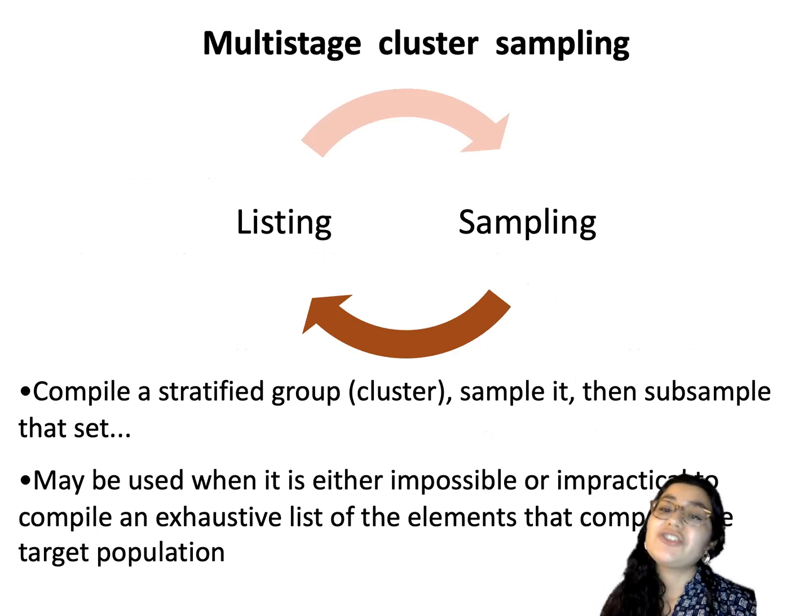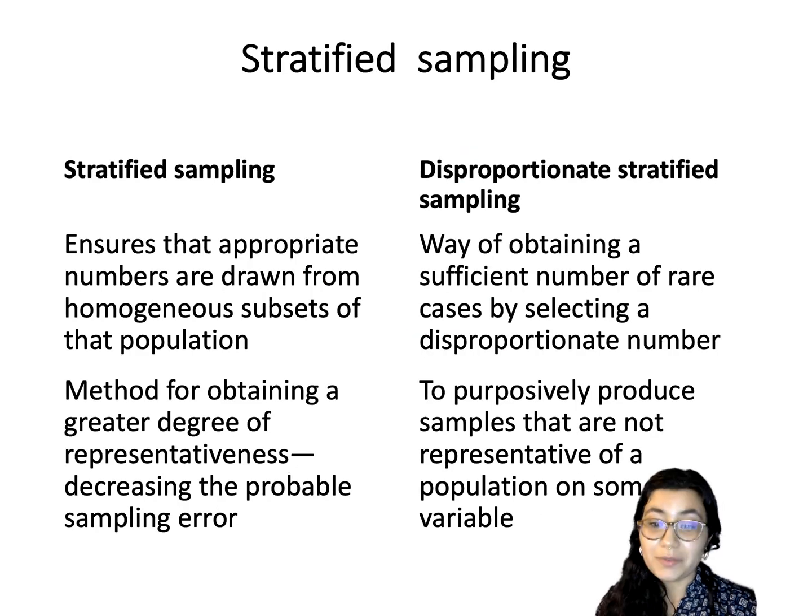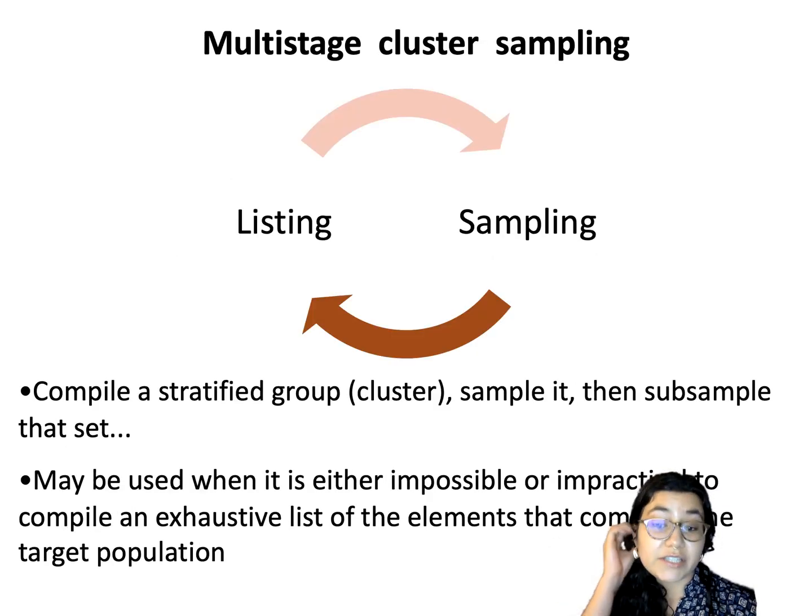So multi-stage cluster sampling is when we compile a cluster. So going back, with a stratified group over here, we're understanding the percentages and proportionality within the larger parameter. Then we sample it and then subsample that set.